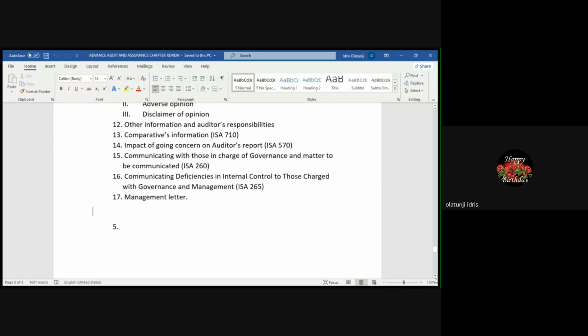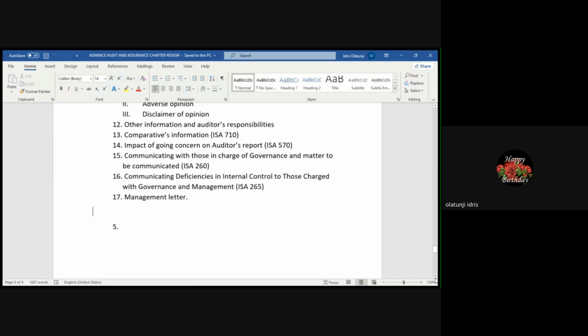The letter that the auditor sends to the client for them to provide all that information is what we call the engagement letter. Now, the written representation is the letter the company will send back when the auditors comment that everything you requested in the engagement letter has been fully supplied to you.